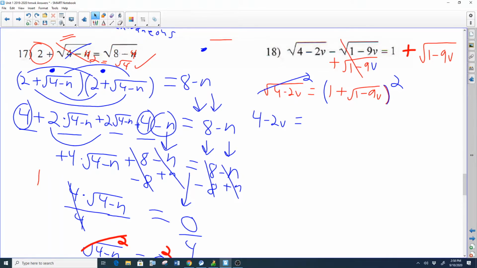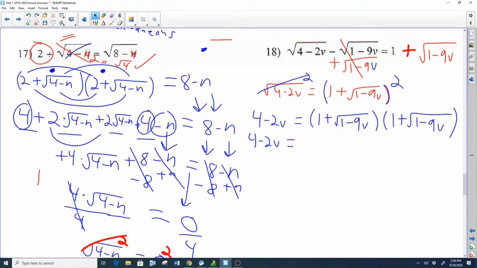On the right side we have 2 of those: a 1 plus radical 1 minus 9v, and another 1 plus radical 1 minus 9v. We didn't want to just square them individually. We want to FOIL it because now you're going to have lots of things.